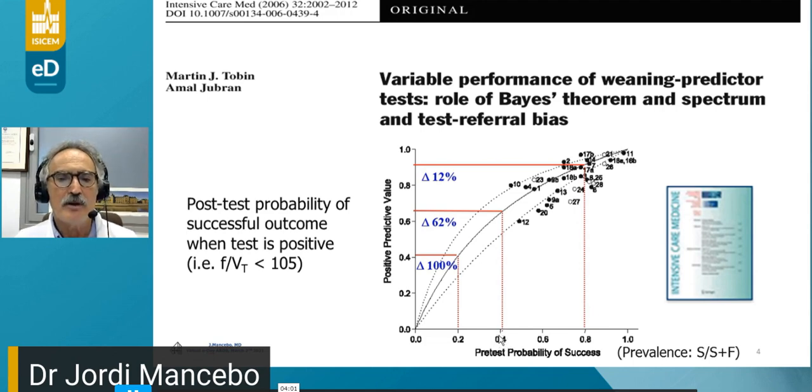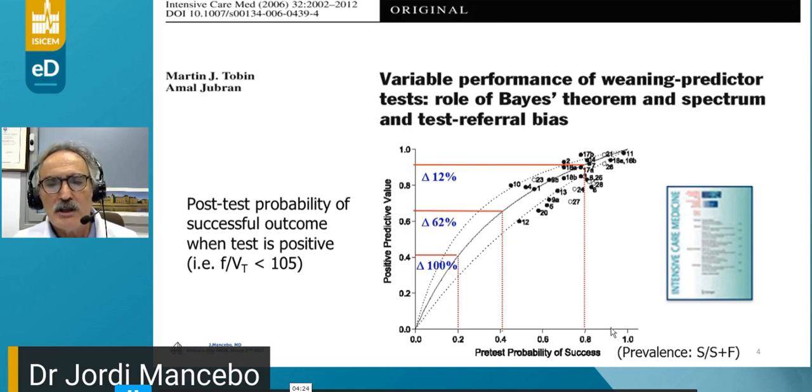In this example, if your pretest probability is only 40% and your patient, after testing, has an f over VT below 105, which is positive, the possibility of a successful extubation is about 70%.